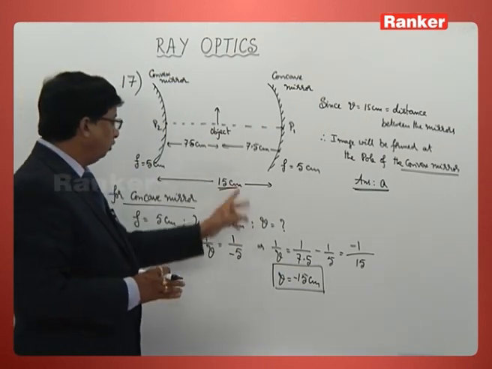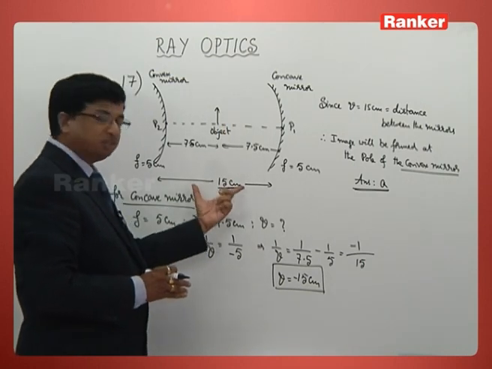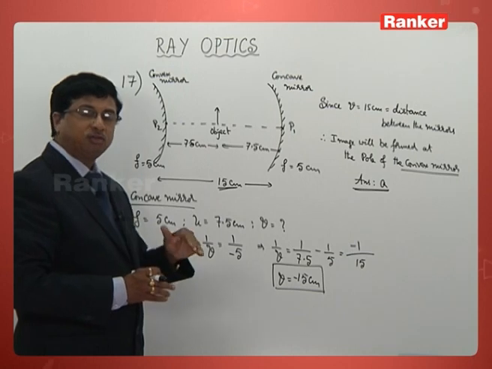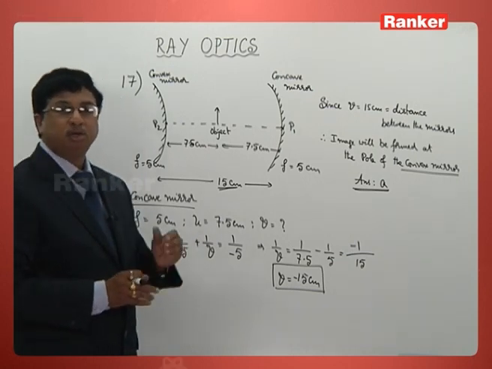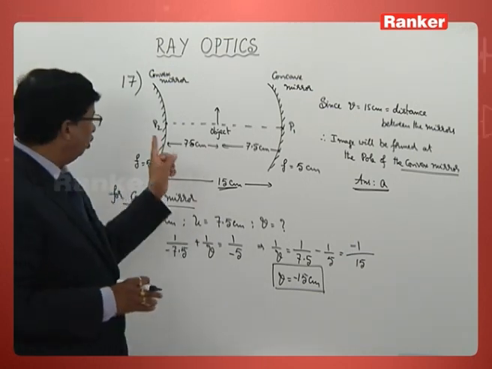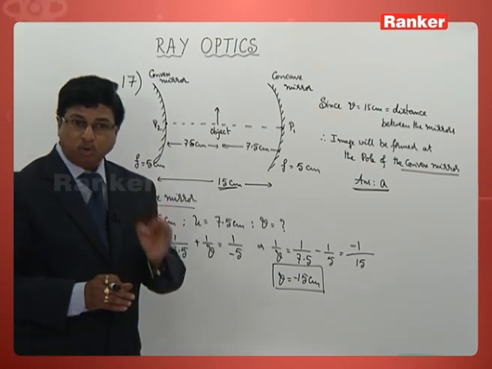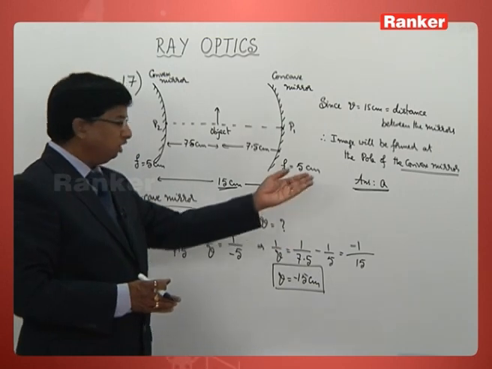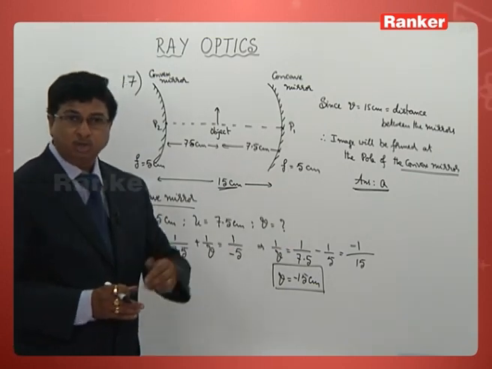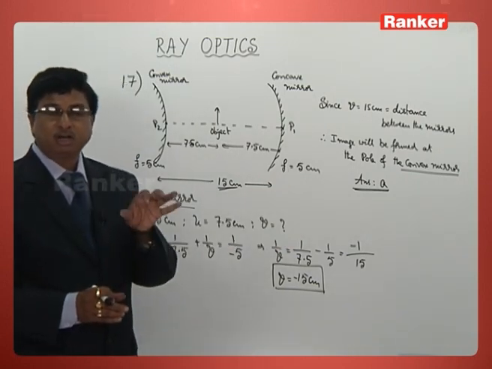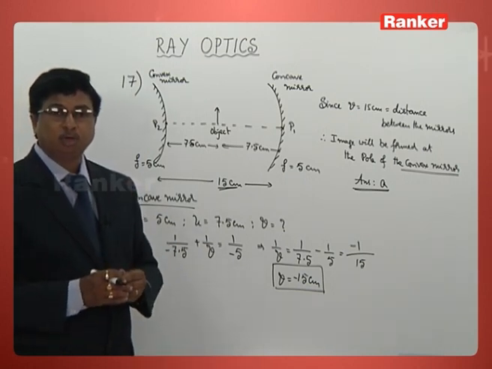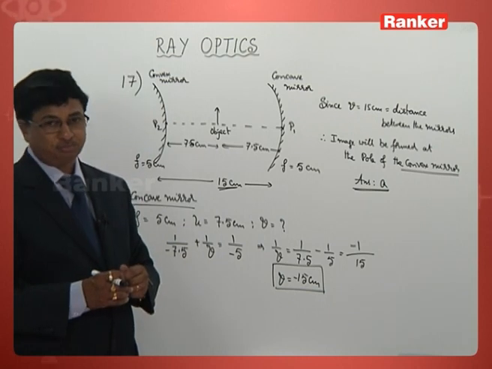Since the distance to the image and the distance of separation between the mirrors are equal, the image formed by concave mirror will be exactly at the pole of that convex mirror. That is the right option for us, which is the first option. That is problem number 17 for us.